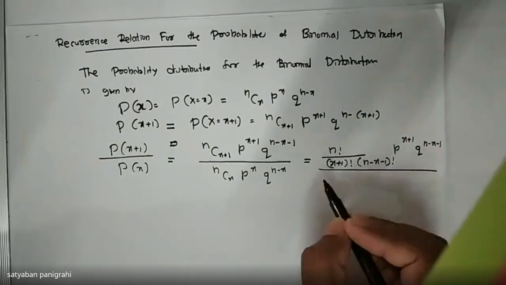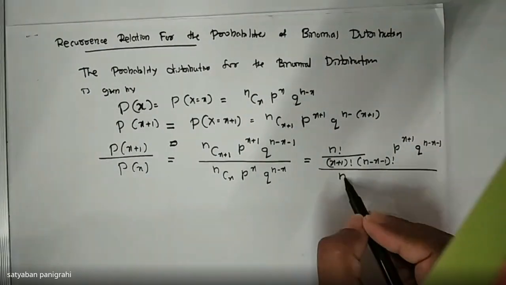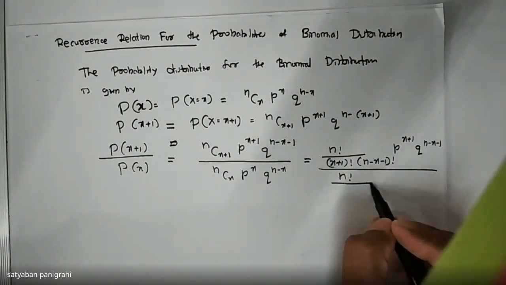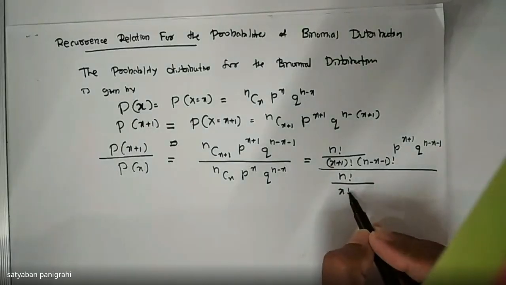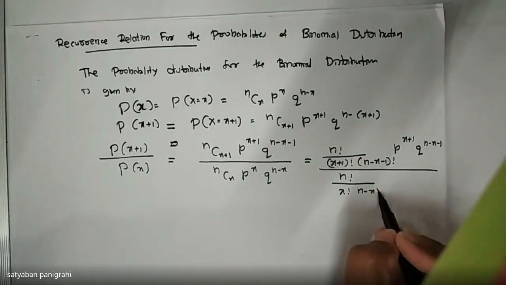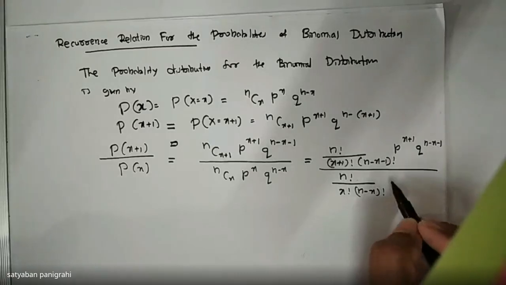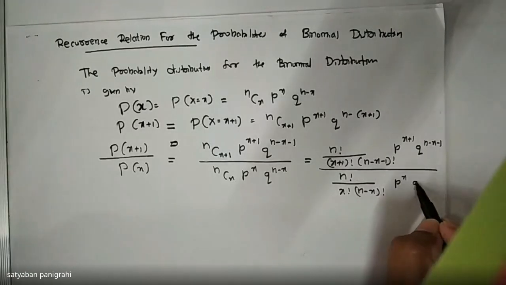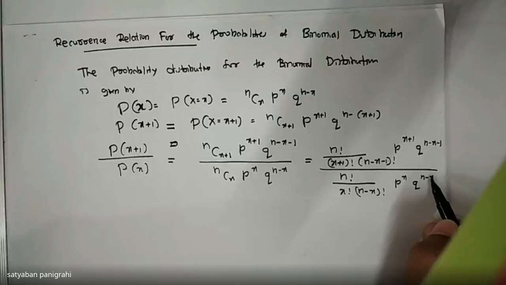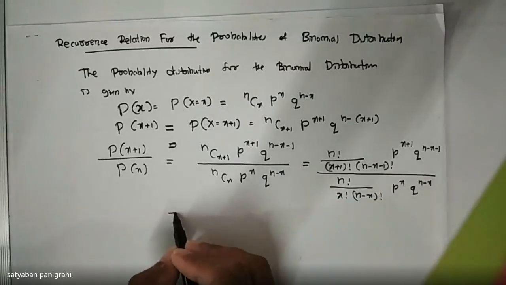And the denominator will give n factorial divided by x factorial n minus x factorial, with p to the power x q to the power n minus x.